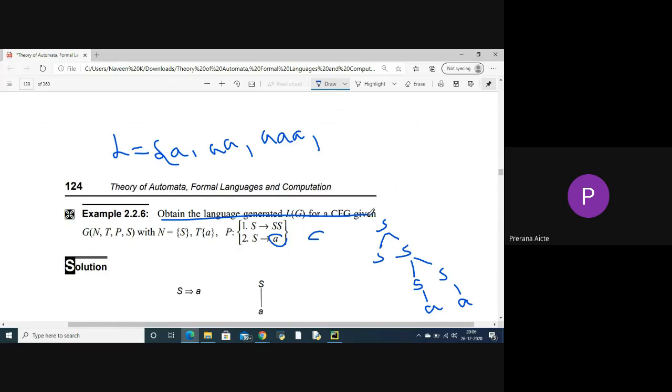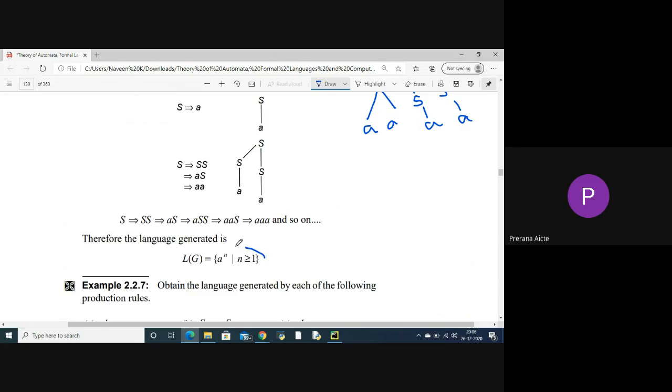It is also double A, so it is 4 A's. This can be repeated n number of times. So the language is A power n, where n is greater than or equal to 1. Okay.